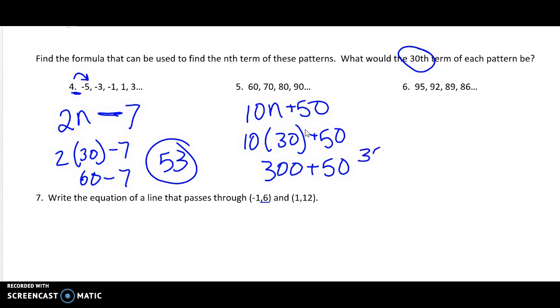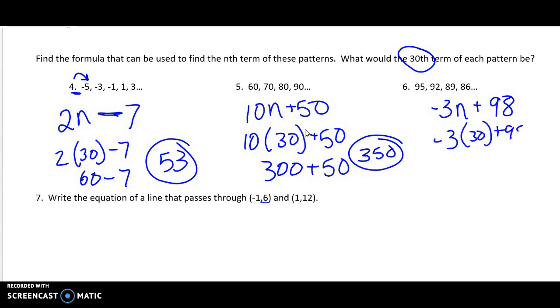Added, 350. Here, it looks like I have a rate of -3n plus my starting point is 98. So, my 30th term is -90 plus 98, which is 8.